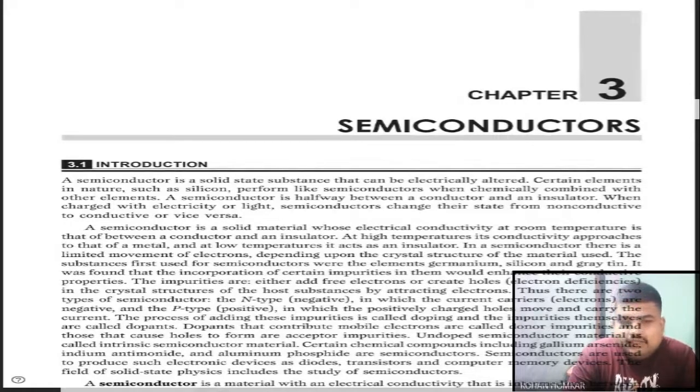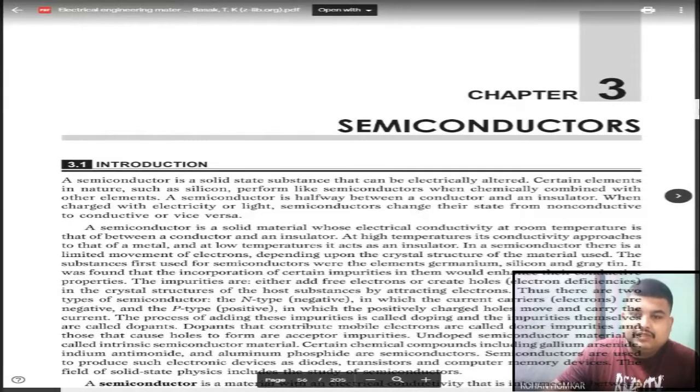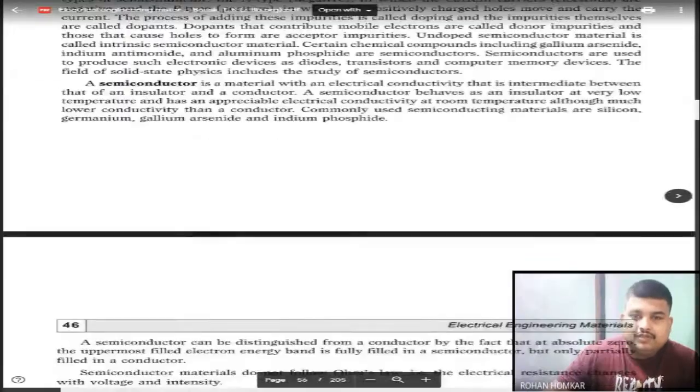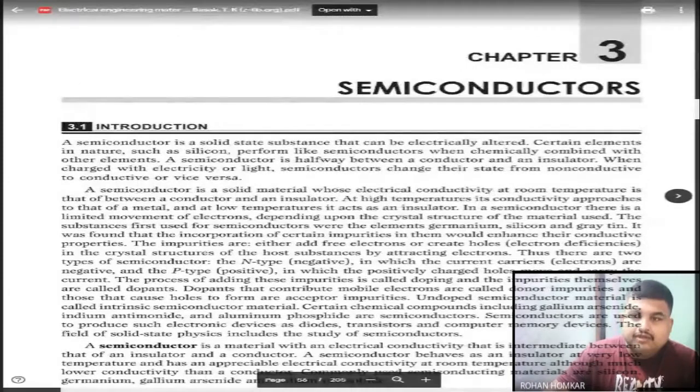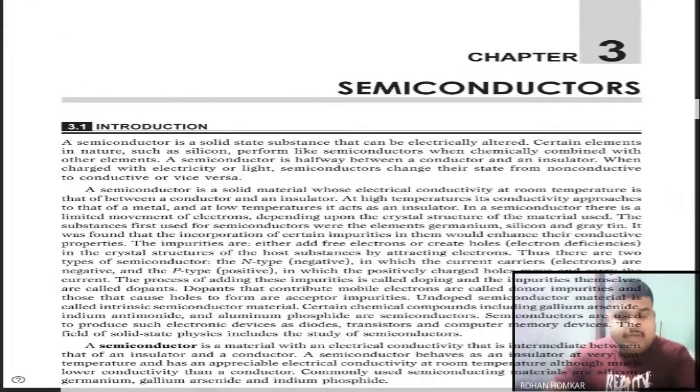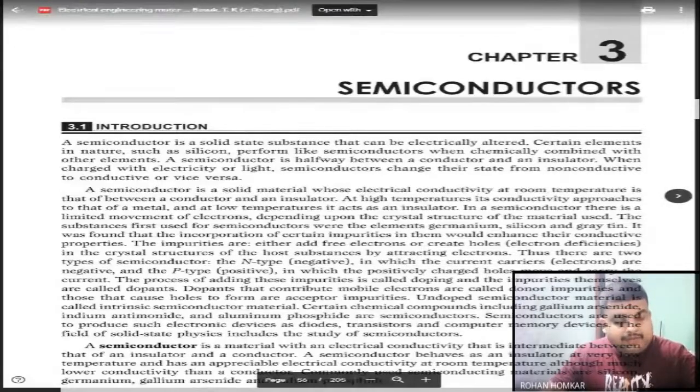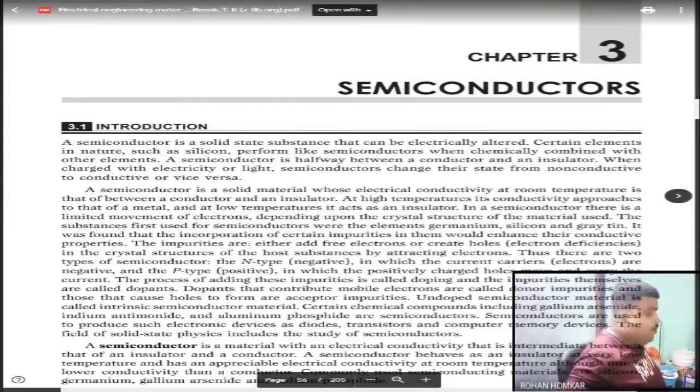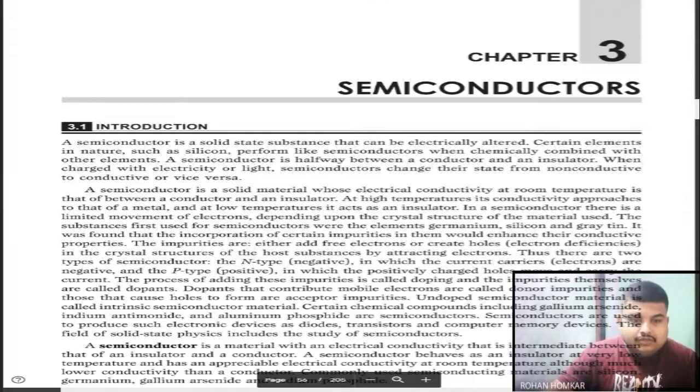Now why is such a material introduced? This kind of material possesses a special property, because of which it can be converted into a conductor as well as an insulator depending on its parameters. If we change the parameter, we can use the material as a conductor or as an insulator. That is their specialty.